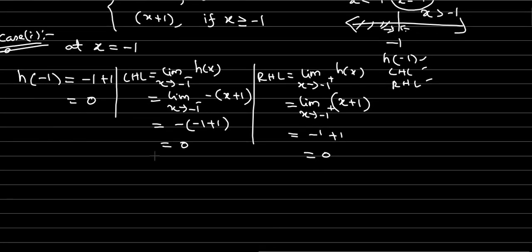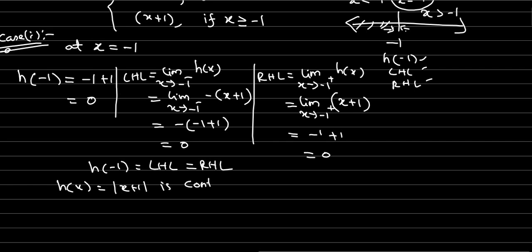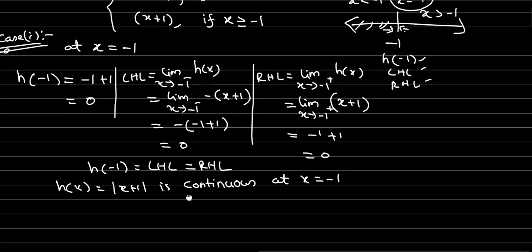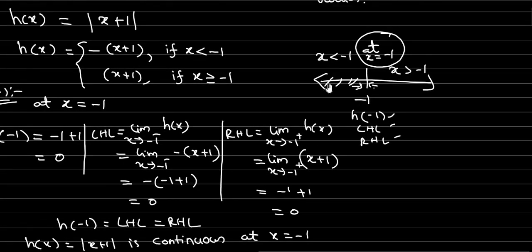So from this result, what can we say? h of minus 1, left hand limit, right hand limit are equal. Then we can say that h of x equal to modulus of x plus 1 is continuous at x equal to minus 1. Okay, it is continuous. Now in case 2, we are going to check it in this interval.